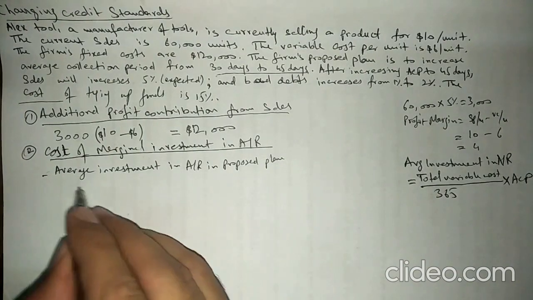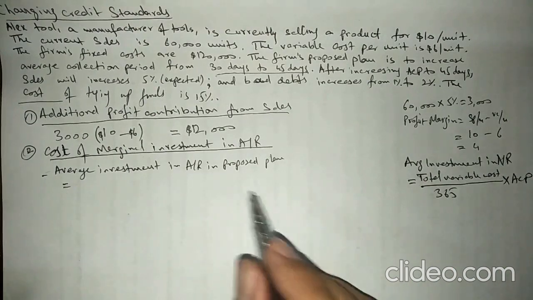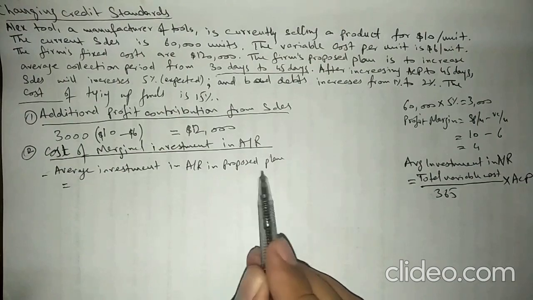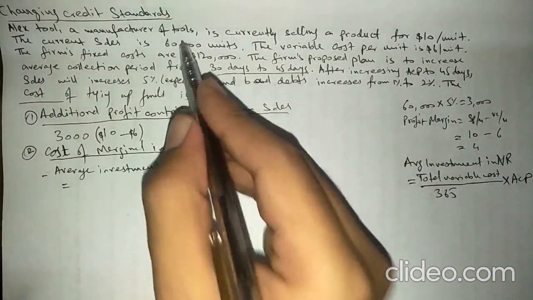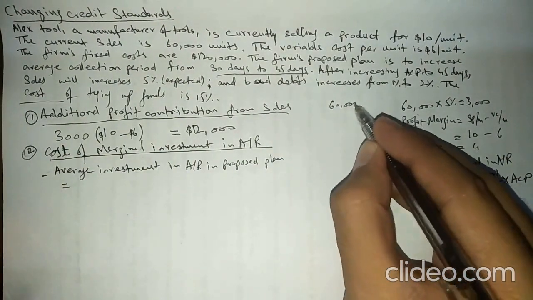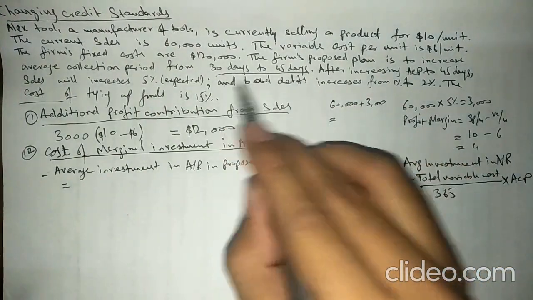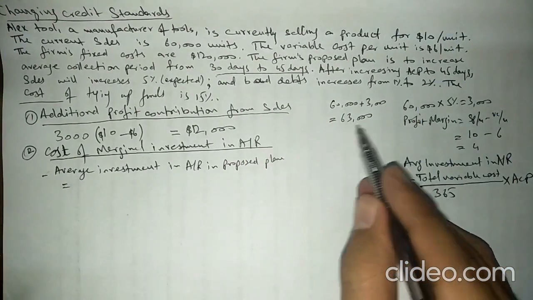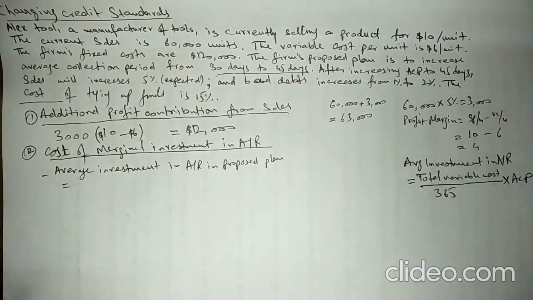We calculate this using the formula. In the proposed plan, our current sale was 60,000 and we produce an extra 3,000, so the total sale will be 63,000 units if we go from 30 days to 45 days, whereas in the current plan we are selling 60,000 units.